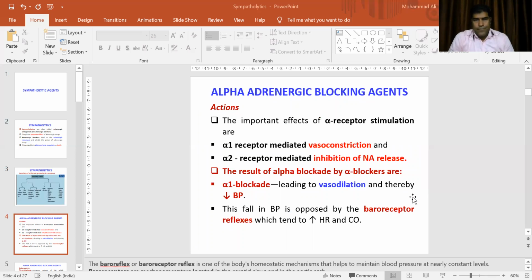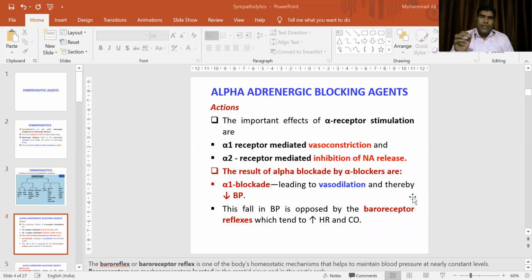Now coming to the sympatholytics: alpha adrenergic blocking agents as well as beta adrenergic blocking agents. Now coming to the alpha adrenergic blocking agents, how they act in our body.